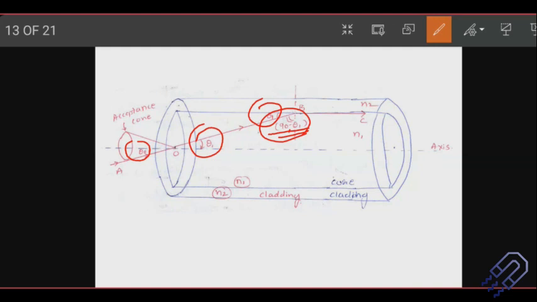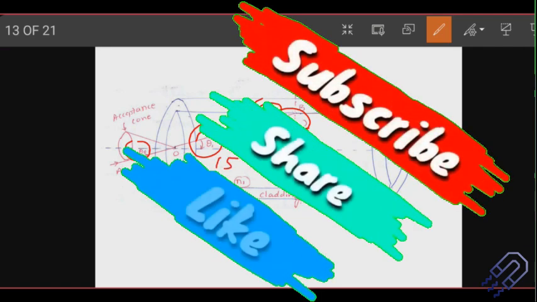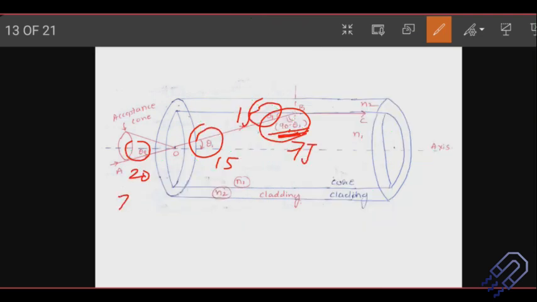So let's say this is 20 degrees, and this will also be less, so it may be around 15 degrees. So if this is 15 degrees, this will be 90 minus 15, which is 75 degrees. So this may be the critical angle. But if this is more, let's say this is 25, this will be 20, and this will be 90 minus 20, so this will be 70. So if 75 is the critical angle, this is less than theta c.